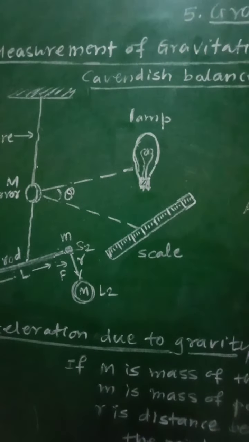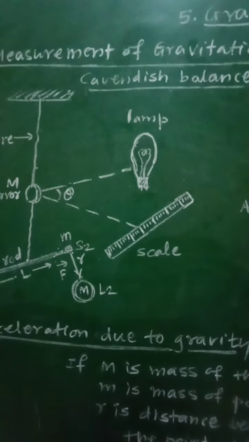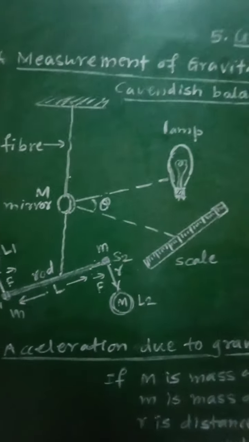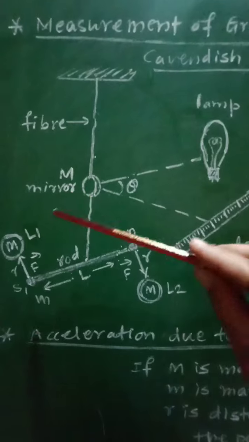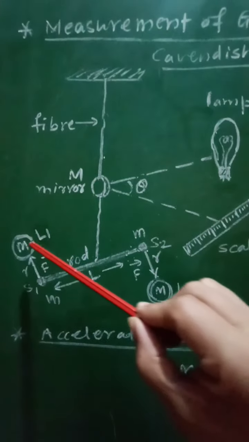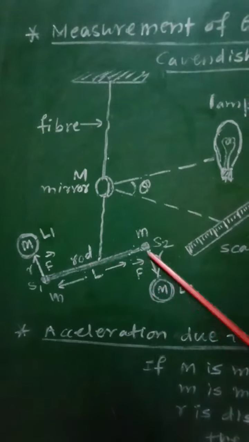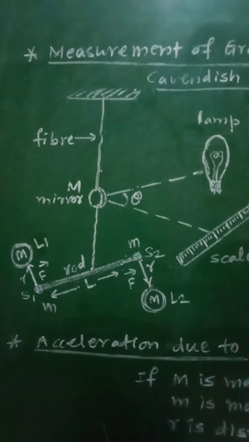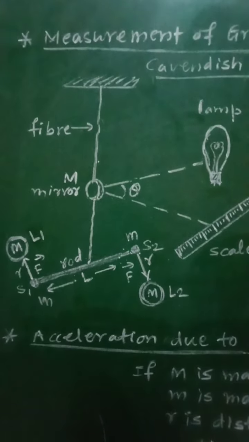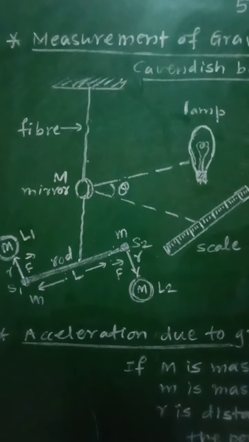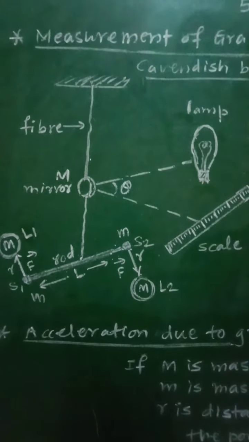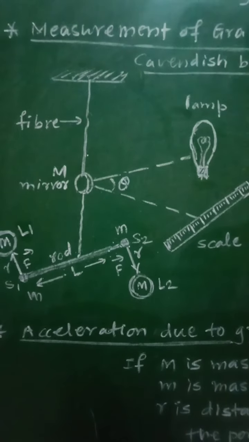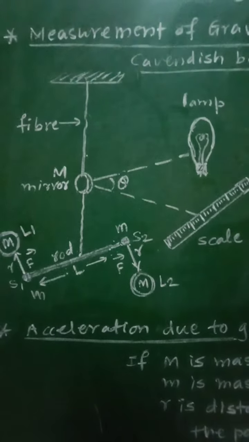Now two large lead spheres L1 and L2 of equal masses m. Here there will be two large lead spheres having the same mass m, that is L1 and L2, and diameters about 20 centimeter, which are brought close to these two small spheres S1 and S2 respectively.